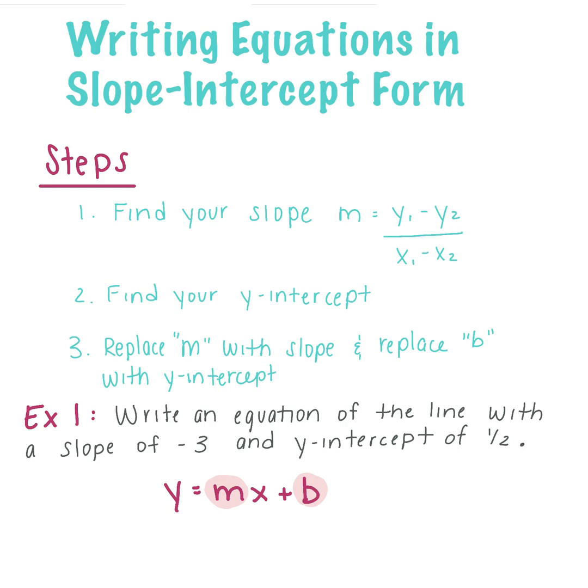So I'm going to go in and I'm going to look for my slope. And they said my slope is -3, so where I had my m, I'm going to replace my m with a -3. And they said my y-intercept was 1/2, so I'm going to replace my b with a 1/2, so my final equation is just going to be y equals -3x plus 1/2.